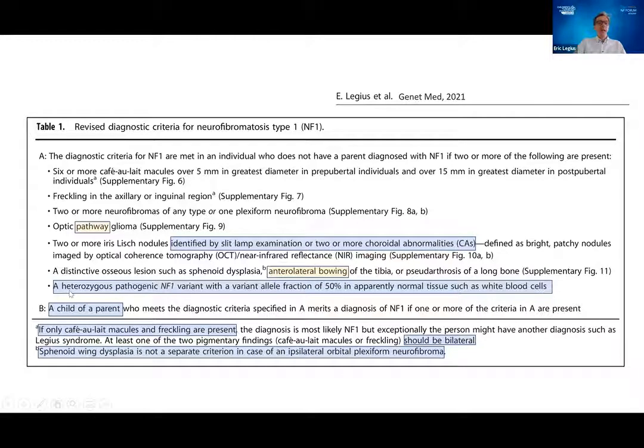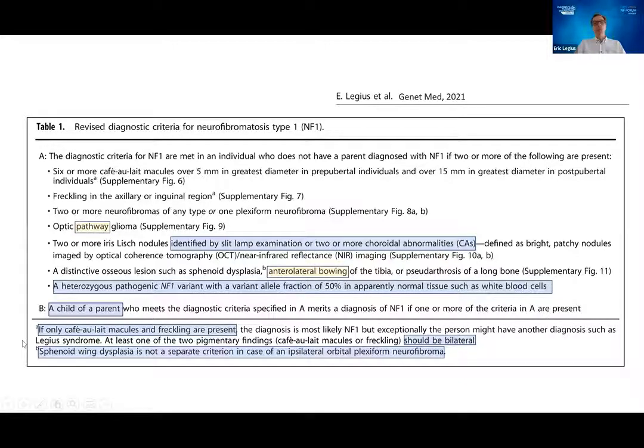And then as the last one, we said if a child of a parent who meets the diagnostic criteria has only one of the criteria above, then this child also fulfills the diagnostic criteria for neurofibromatosis type 1.